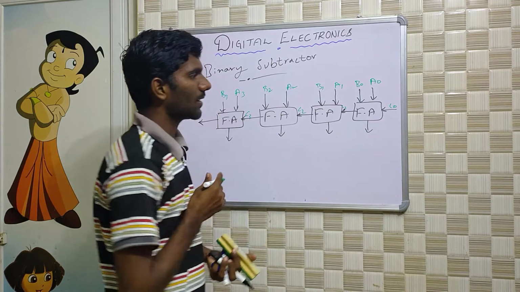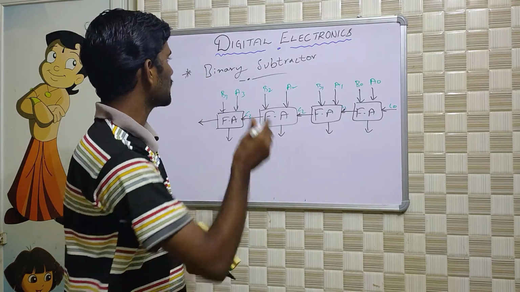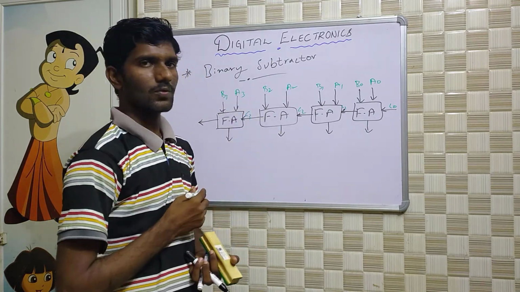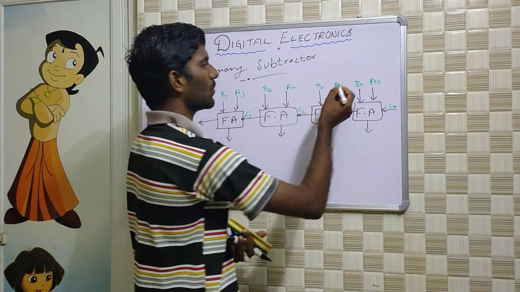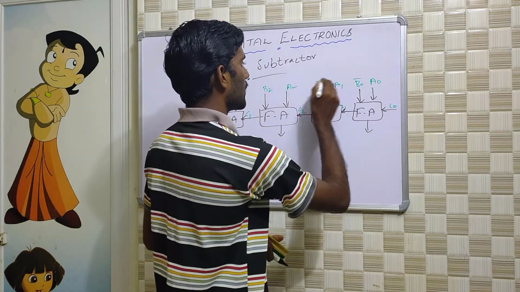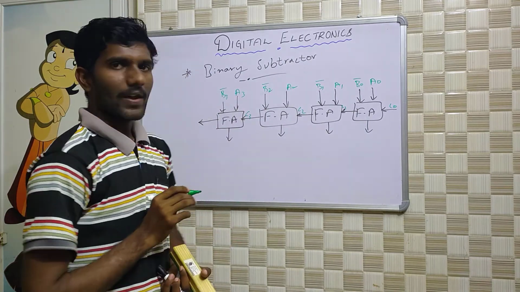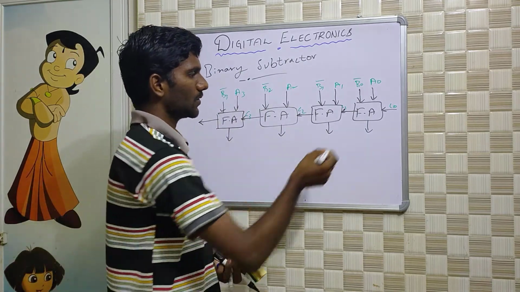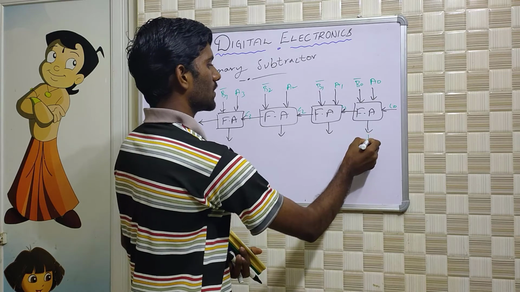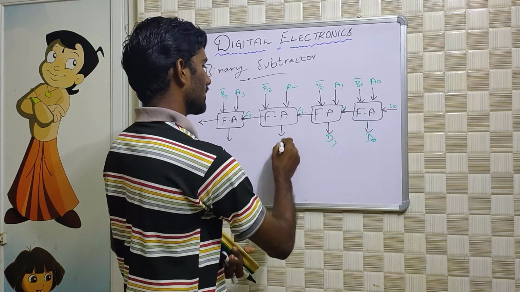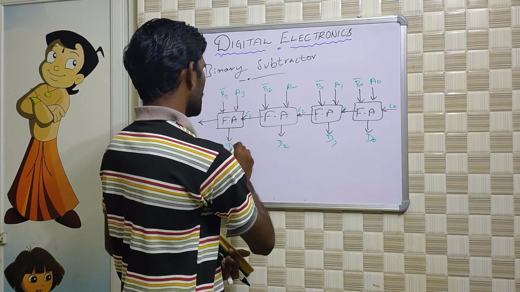So this is a general full adder. Then if we come to subtractor, we need to make one of the inputs a complement. So the result will be the difference D0, D1, D2, D3.